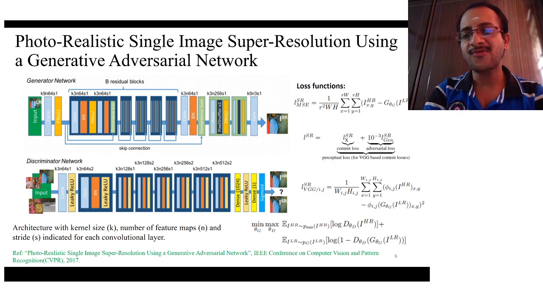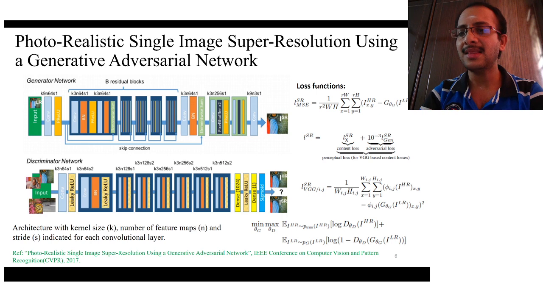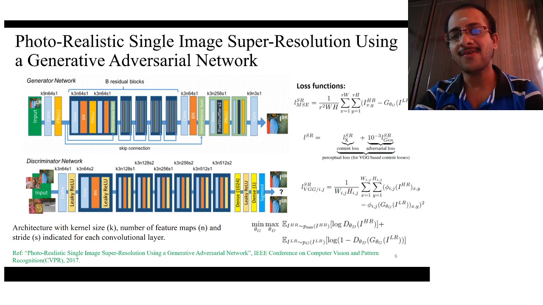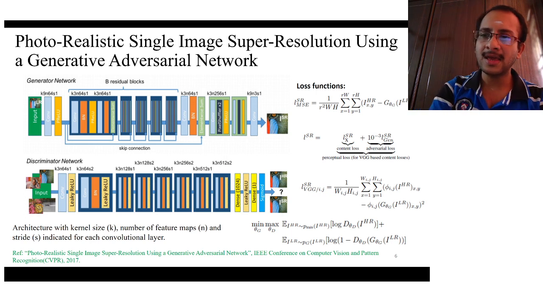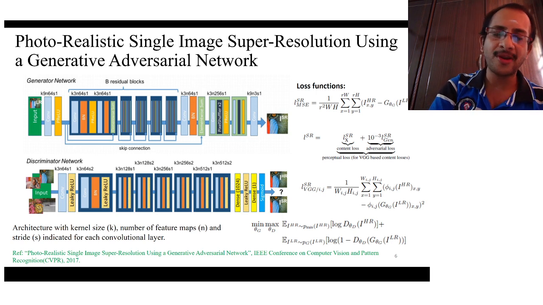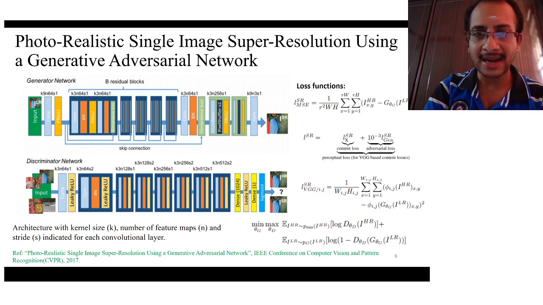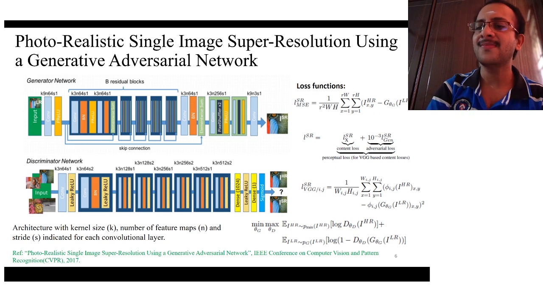So the loss comes from here to adjust the discriminator, and the super resolved image is given as input to the discriminator. This discriminator network maps it onto 1 or 0, comparing the super resolved image that it gets from the generator and the actual high resolution image from the data set.